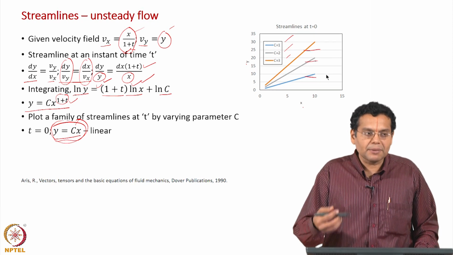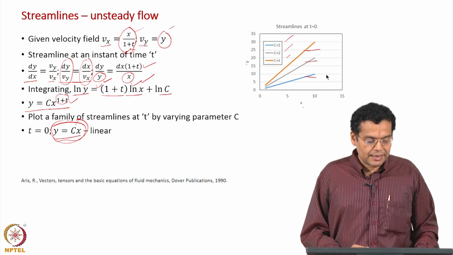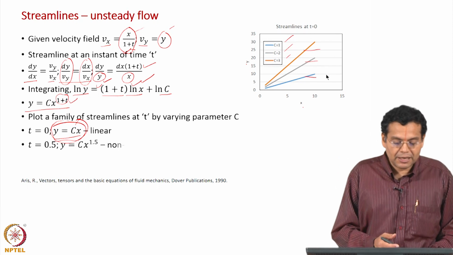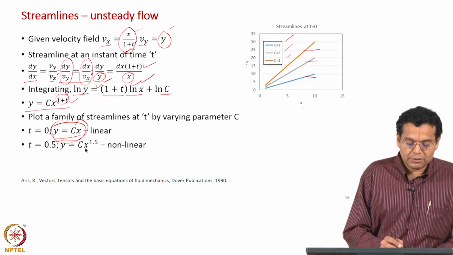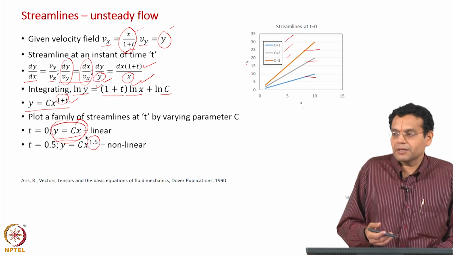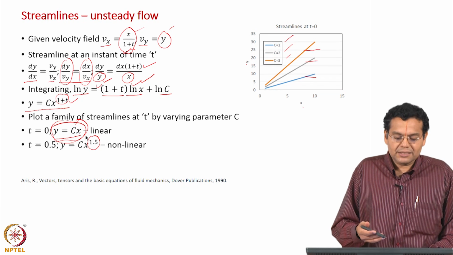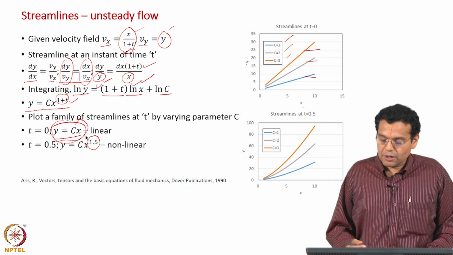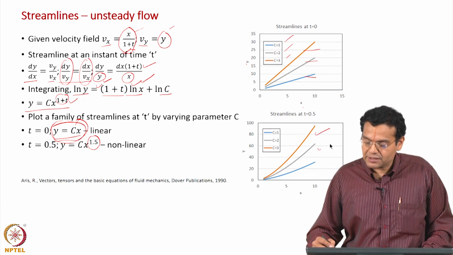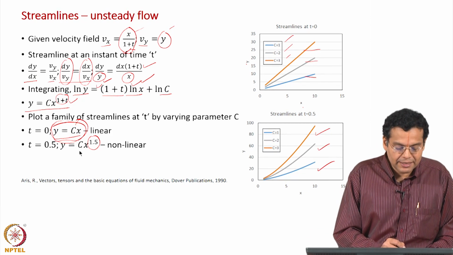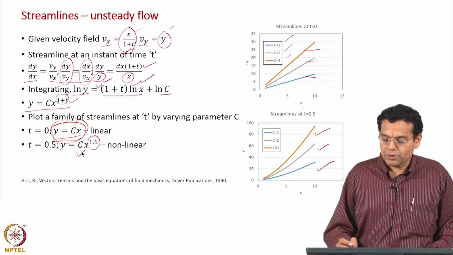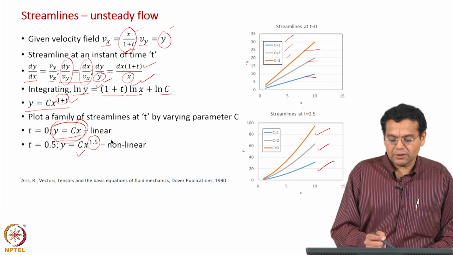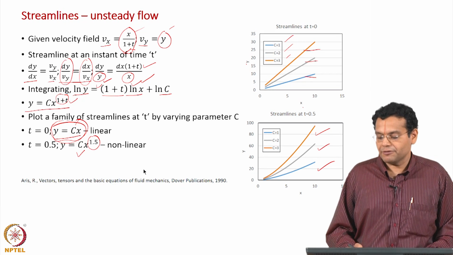Now, let us say some other instant I take as t equal to 0.5. Now, what happens? It becomes y equal to c x power 1.5, which is non-linear. Just want to say that the streamlines differ, and now I get another family of streamlines by once again varying the value of c, y equal to x power 1.5, 2 x power 1.5 and 3 x power 1.5.